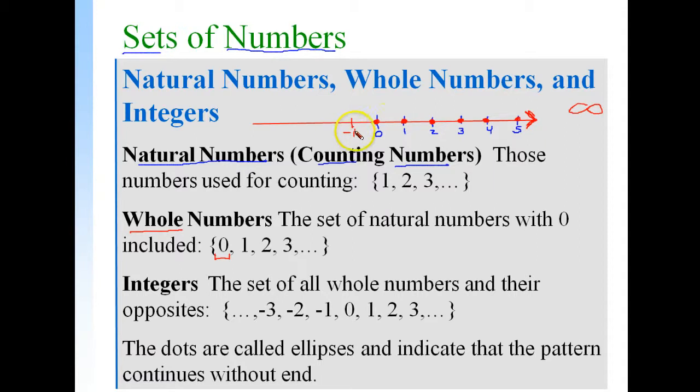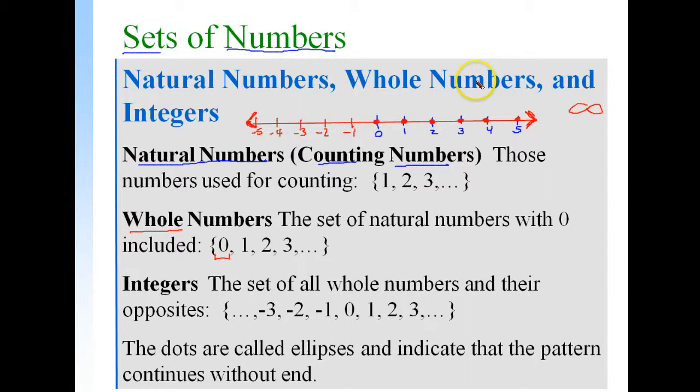When we add a -1 and a positive 1, it equals 0. So for each of the whole numbers, there are negative opposites there in a sense. And we can put an arrow to indicate it goes on.